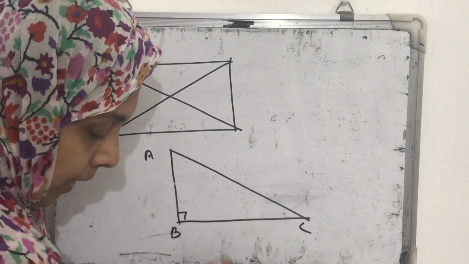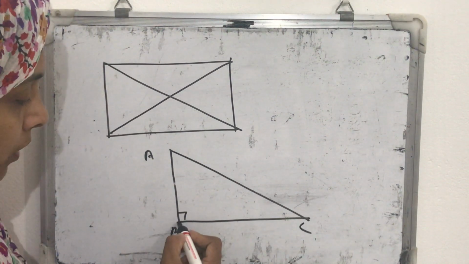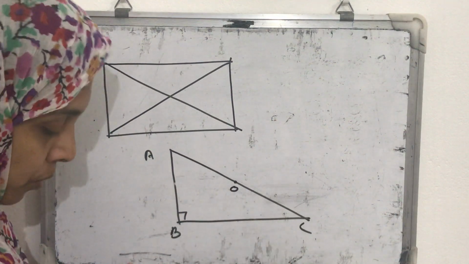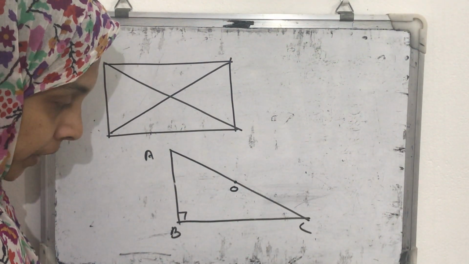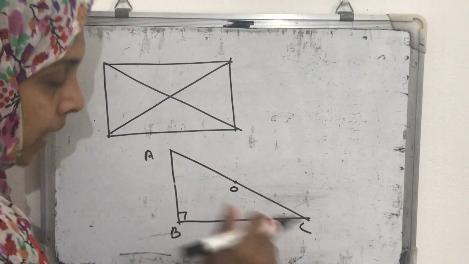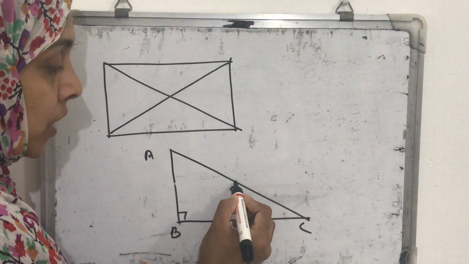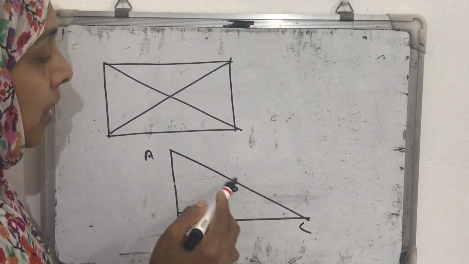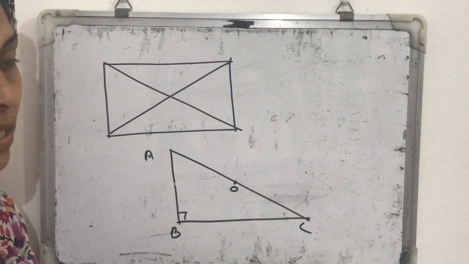So this angle will be 90 degrees and O is the midpoint of the side opposite to the right angle, this side. Explain why O is equidistant from A, B and C. How can we prove that this point O has the same length from A, B and C?